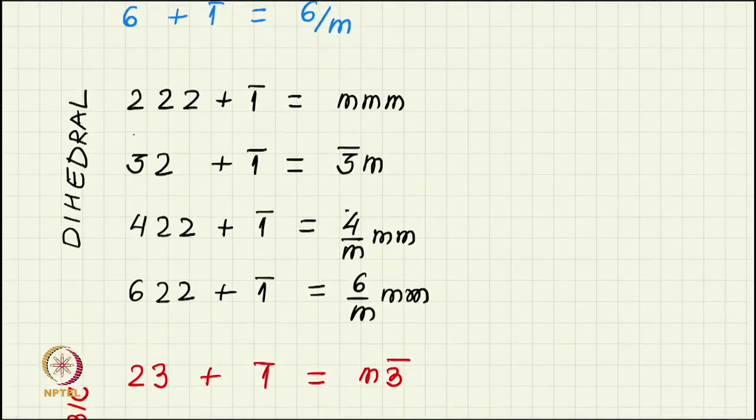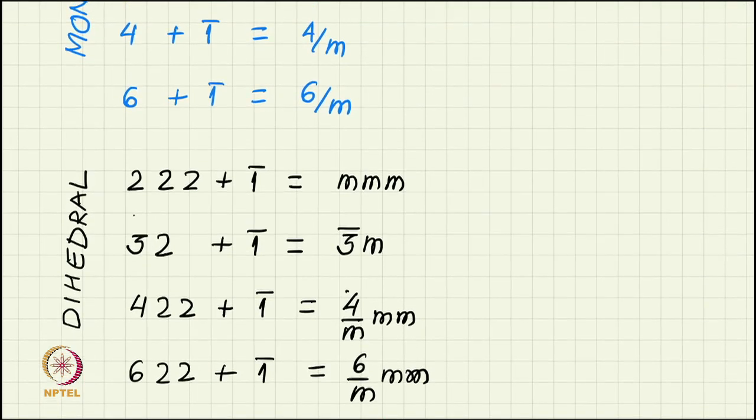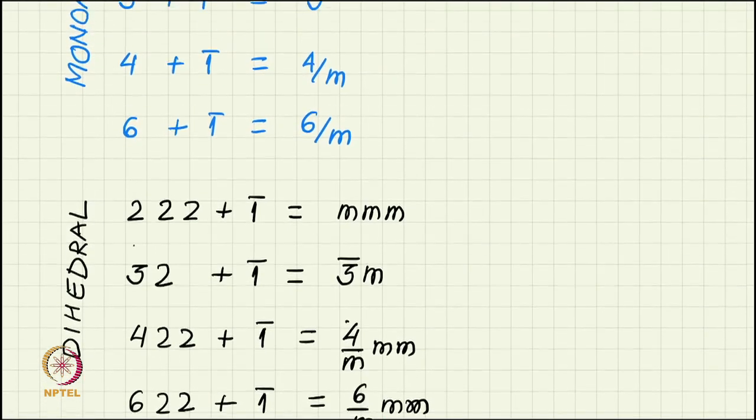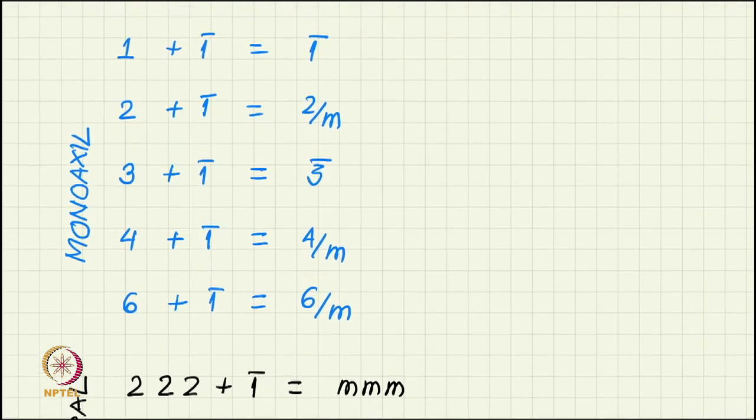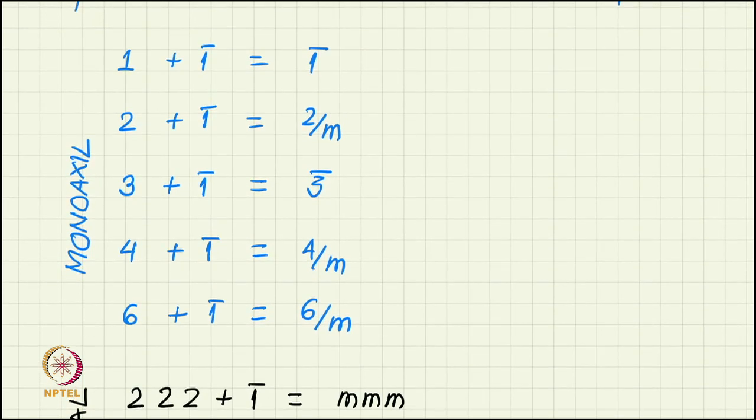You may ask why we are restricting ourselves only to the pure rotation groups and adding a center of inversion. Why can't I take a group which is not centrosymmetric but is not a rotation group either? So for example, the group m.